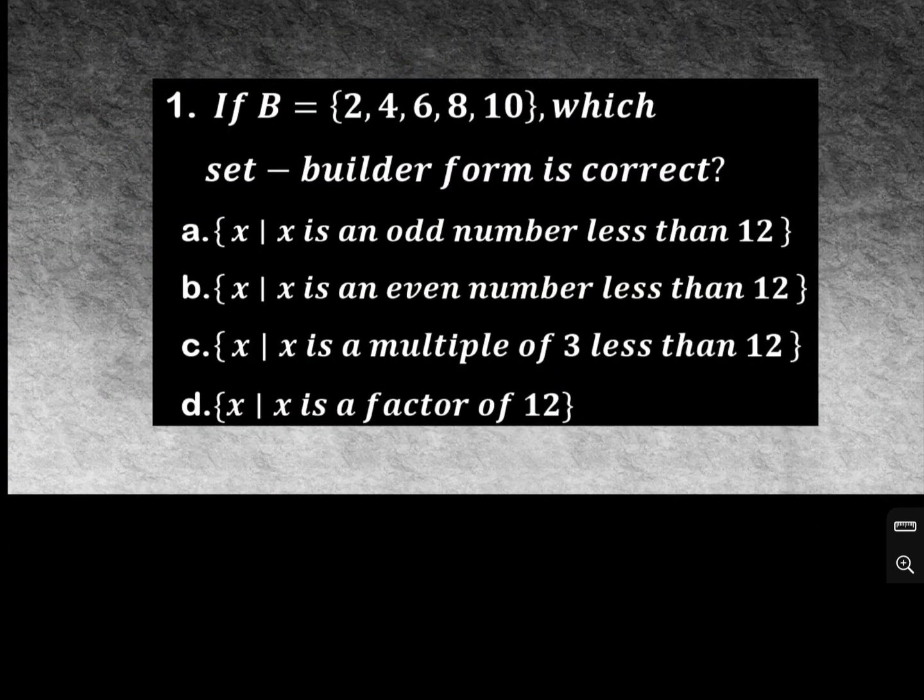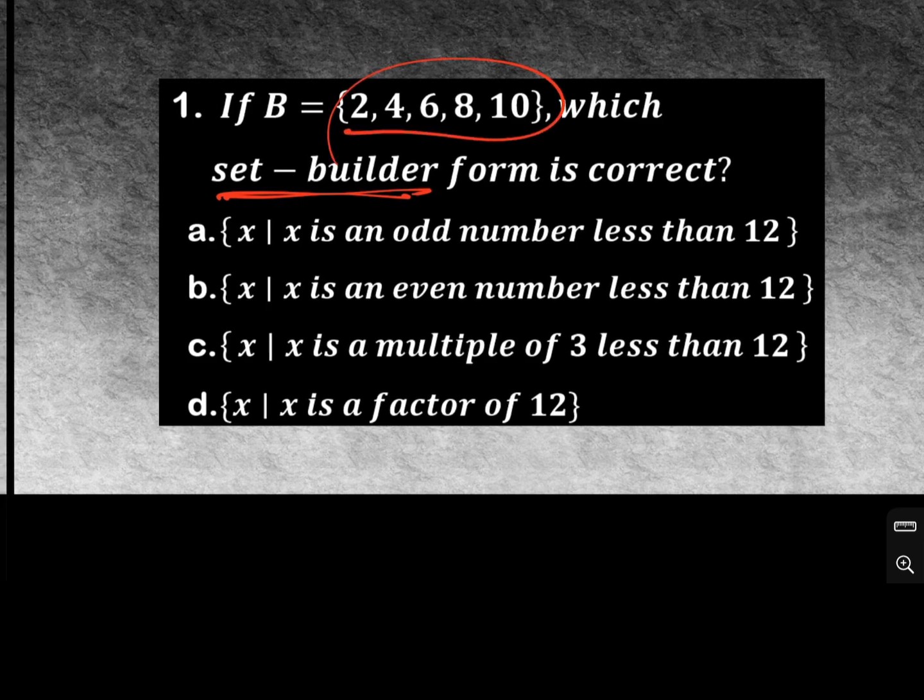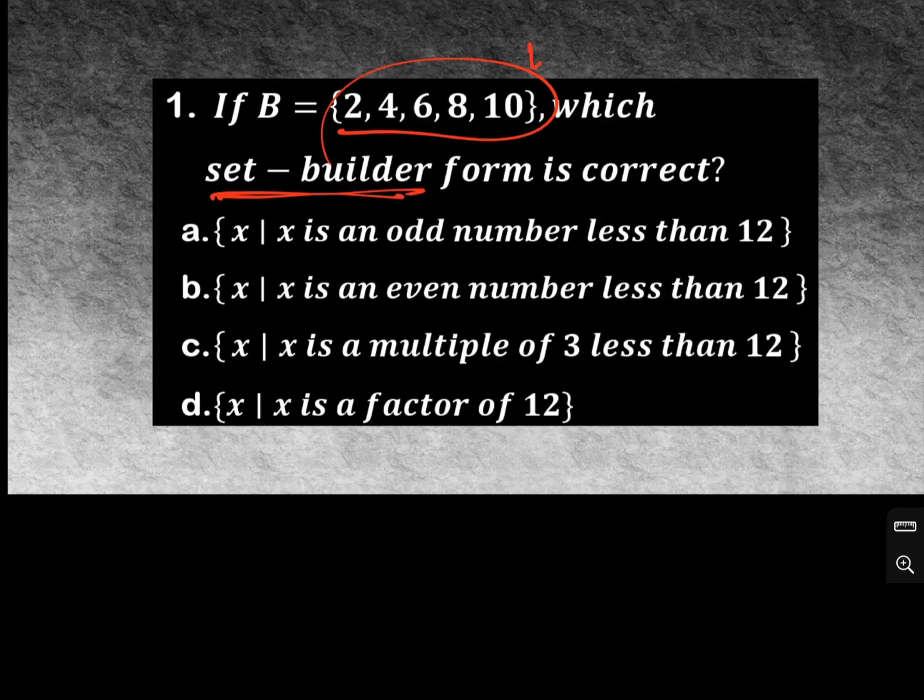Practice test number 1. If B is equal to the set of 2, 4, 6, 8, 10, which set builder form is correct? We know that elements separated by commas are in roster method.